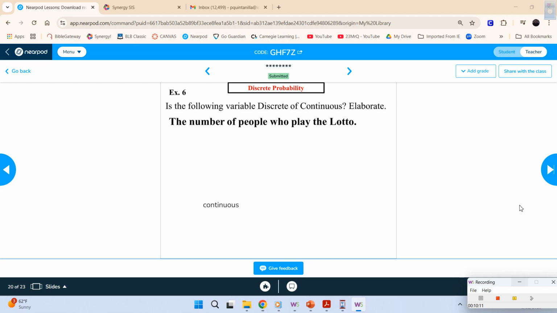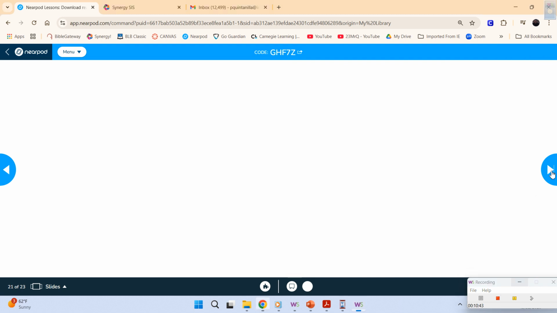No, right? Therefore, this is continuous. Unless it was phrased, is the number of people who played the lotto this past Friday, then there is an explicit amount of people. That make sense?